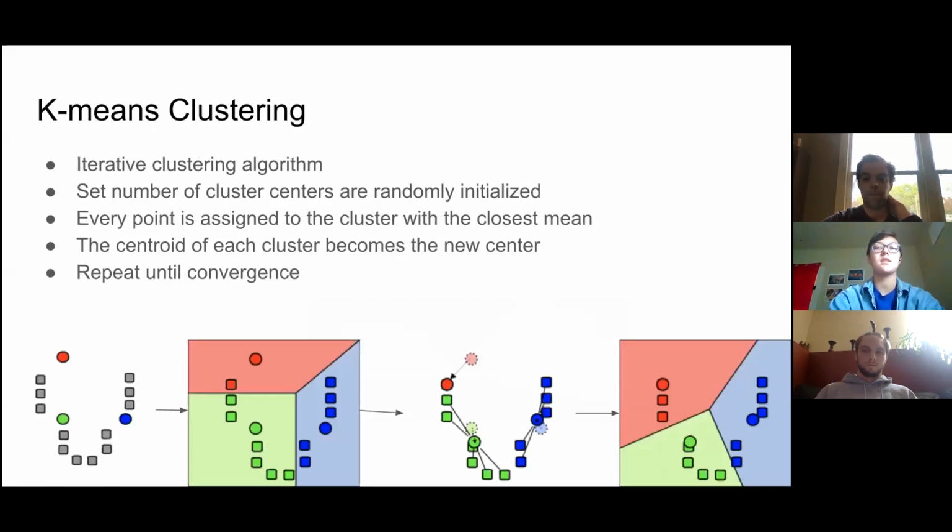Okay, so the first step in this pipeline is k-means clustering, which we essentially use to simplify the initial image that we get. So these pictures are a demonstration of k-means clustering over regular scatter plot data, which is in 2 dimensions.